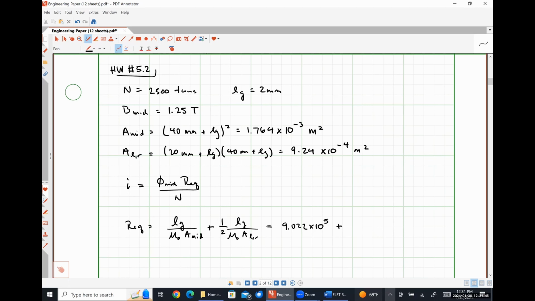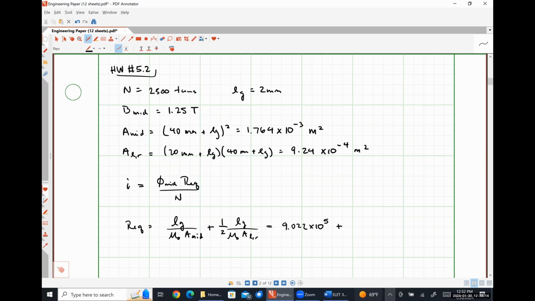Now I'm going to do the second term. So we have 0.2 centimeters divided by 2 times 4 pi times 10 to the minus 9 times 9.24 times 10 to the minus 4 times 100 squared.